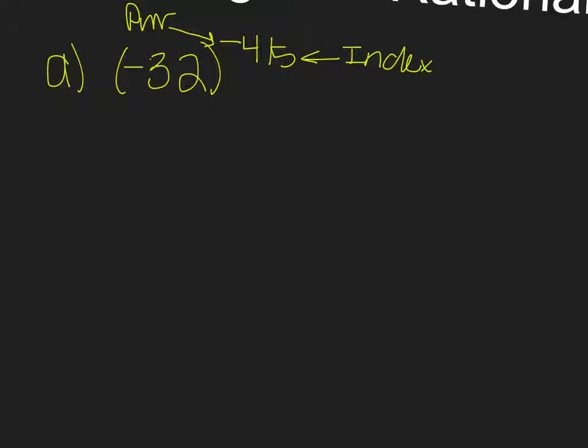So here we can make this become the 5th root of negative 32. And it's okay, remember, to have negatives in the radicand of an odd index. And then we're going to raise this entire expression to the negative 4th power.